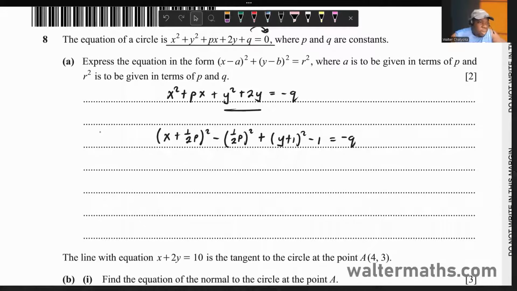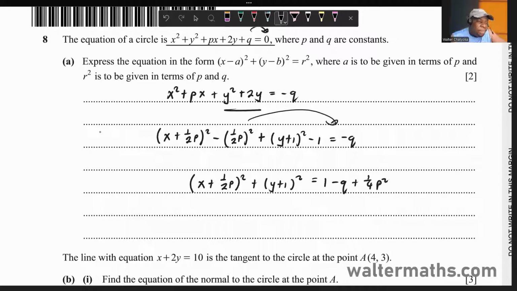So what we will be having is (x + ½p)² + (y + 1)² equal to minus 1 crosses over, it becomes 1 minus q, which is already there. And this one also goes over and it becomes ¼p². So this is what we'll be having. That's the answer here.